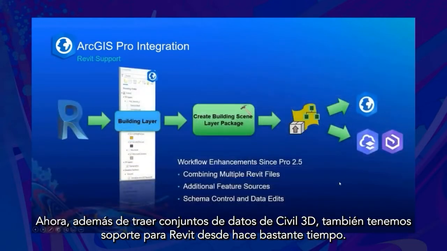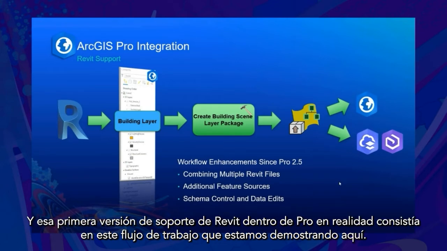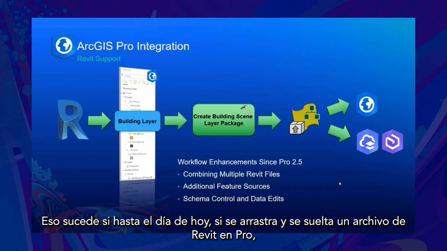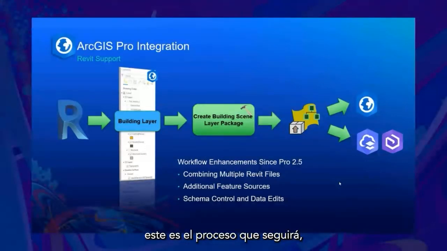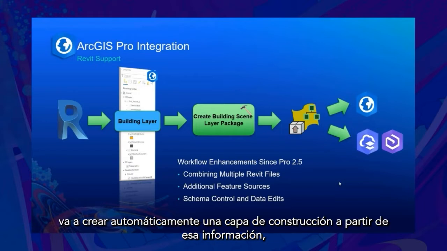Now, in addition to just bringing in Civil 3D data sets, we've also had Revit support for quite a while now. And that first version of Revit support within Pro consisted of this workflow we're demonstrating right here. Even to this day, if you drag and drop a Revit file into Pro, this is the process it will follow. It's going to automatically create a building layer from that information.